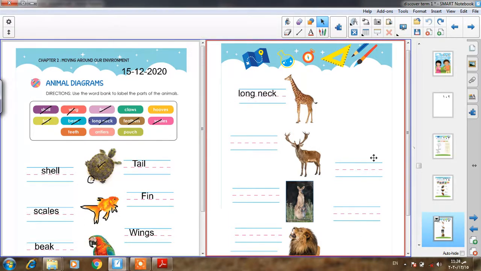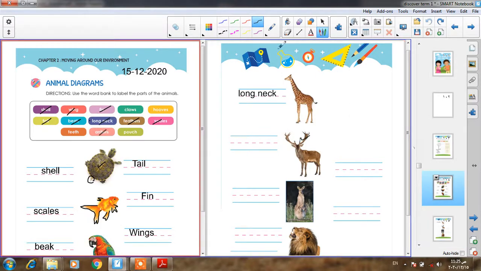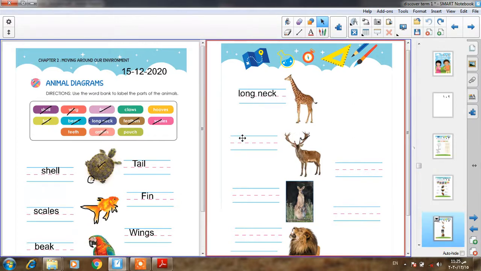Excellent. And this has what? Can you remember the name of this body part? Yes, antlers. Excellent. Antlers.